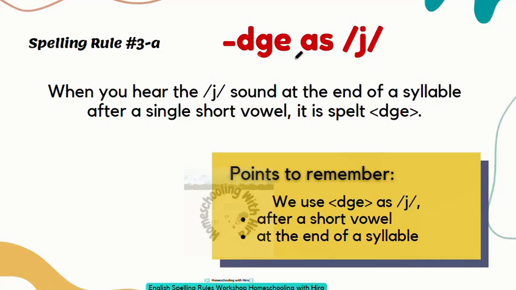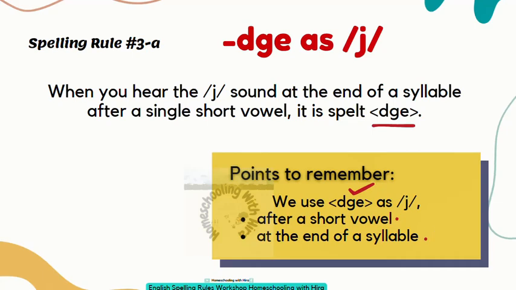So what does this rule say? When you hear the J sound at the end of a syllable after a single short vowel, it is spelled DGE. The point to remember is: use DGE as J after a short vowel at the end of a syllable. Right?